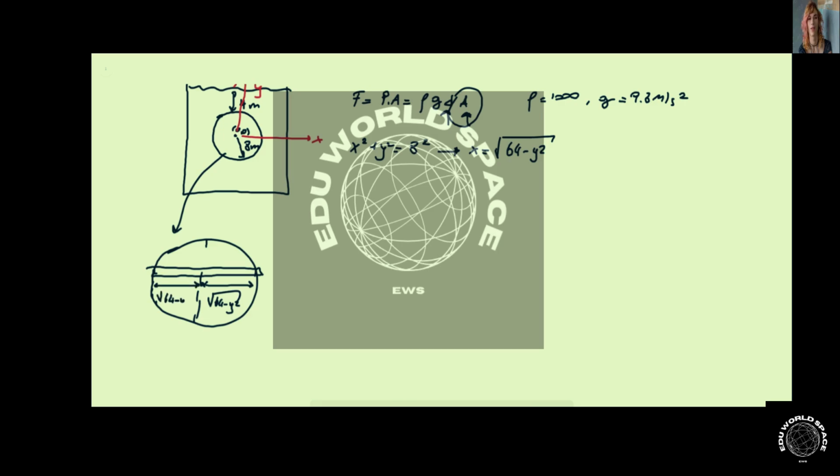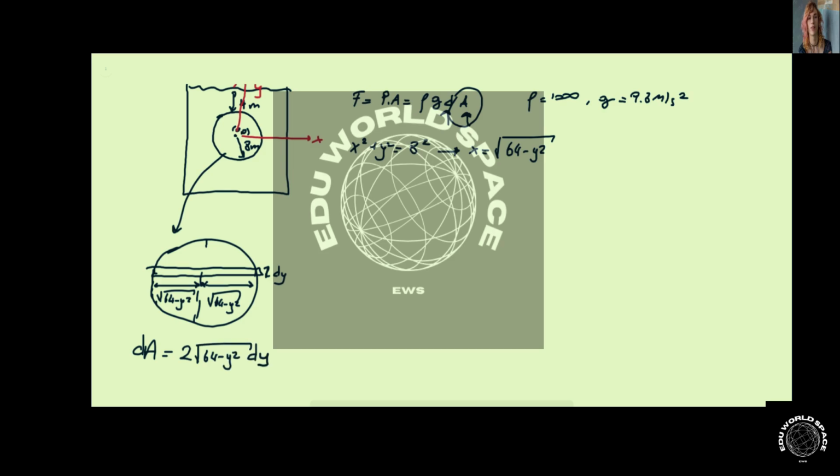Let's assume the thickness is dy, since we assumed the y-axis to be the vertical axis. So the area of that thin strip, dA, a differential area, is the total length, 2 times the square root of 64 minus y squared, multiplied by dy.